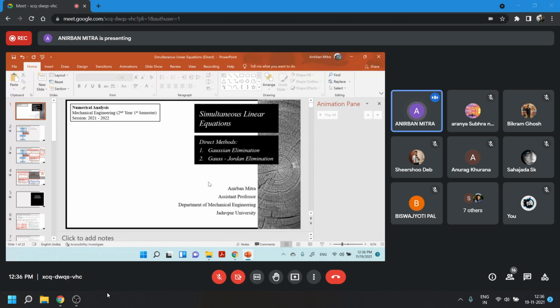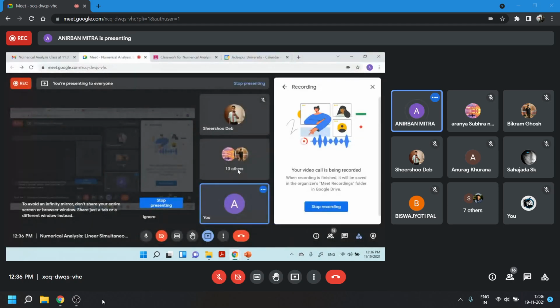So how much it should be? If the array is denoted as A, that is the coefficient matrix, then whether it's a multi-dimension array, 2-dimension array, of course. So whether it should be 50 cross 50 or 100 cross 100, that you have to decide. And you have to give the intimation to the user as well that what is the maximum limit of n.